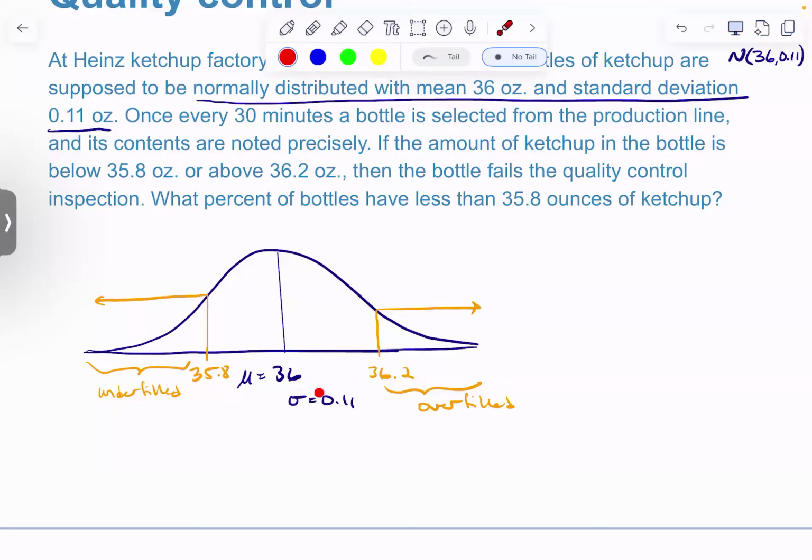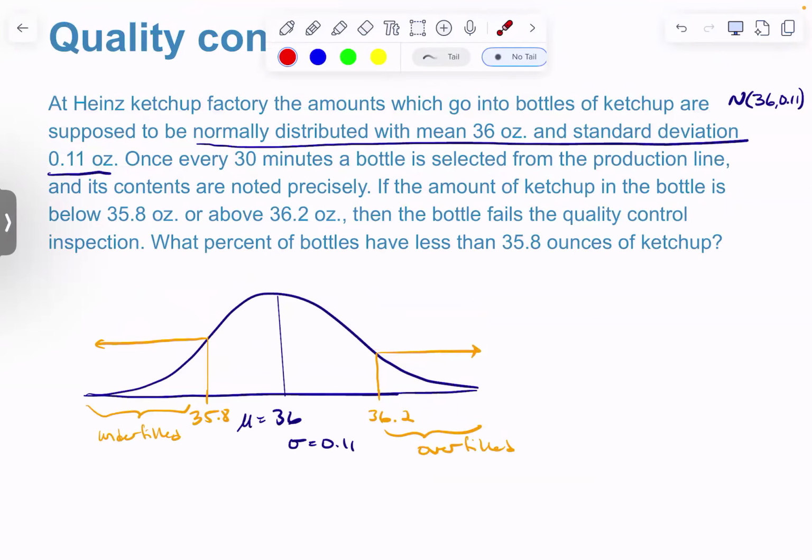Well, they're on the same standard deviation scale, and so I would just get a positive version and a negative version of the same z-score. It's boring, but it's okay. Should I change it? 36.5? Ah, crazy. No, we'll stick with it as it is.